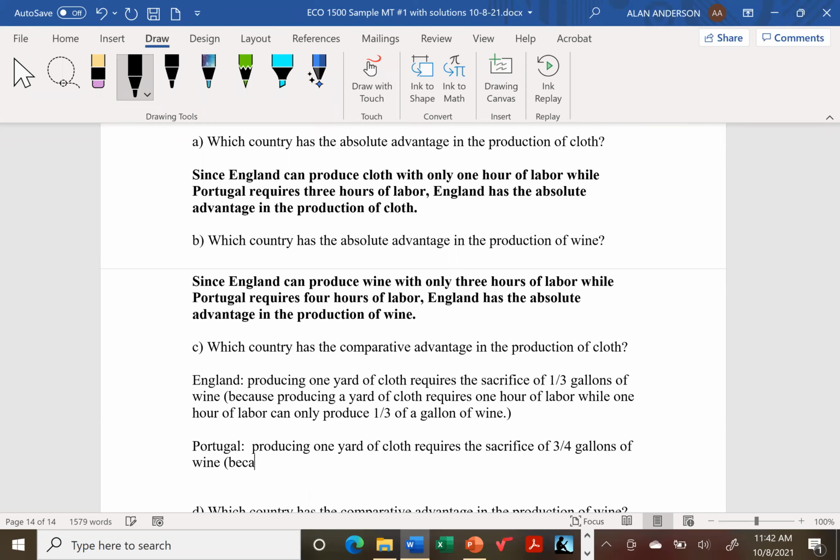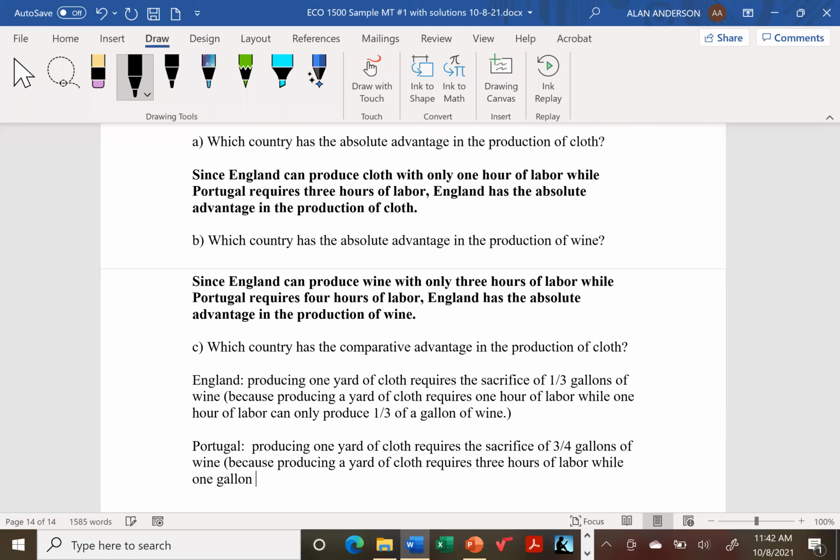And that's because producing a yard of cloth requires 3 hours of labor, while 3 hours of labor can only produce 3/4 of a gallon of wine.